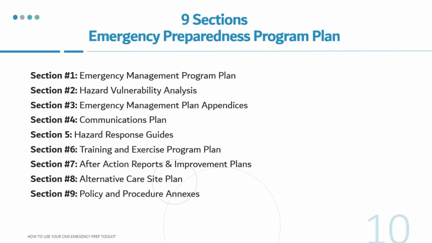Again, the EMPP, we have a hazard vulnerability analysis, all your plan appendices, communication plan, hazard response guides. And so it all matches up with the toolkit, matches up with the requirements, which matches up with the checklist, so that you should be able to create your plan and fortify and improve what you currently have in your emergency operations plans or whatever documentation you have.